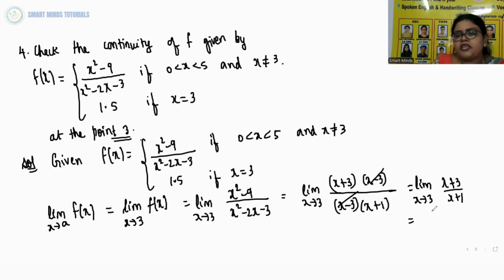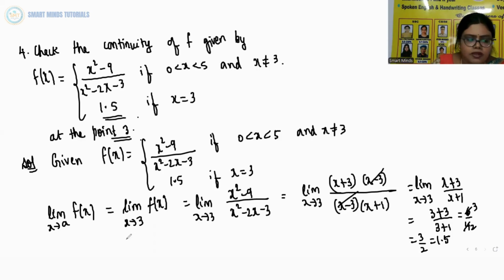Now you can substitute the value 3 plus 3 by 3 plus 1. That is 6 by 4. 2 twos are 2 threes are. So that is 3 by 2, which is equal to 1.5. So you got the same answer as when x is equal to 3. So that's why we can say that it is continuous.